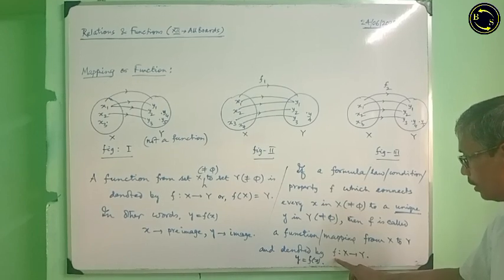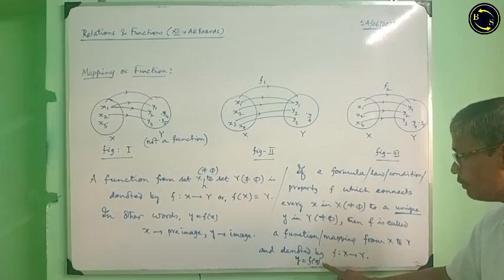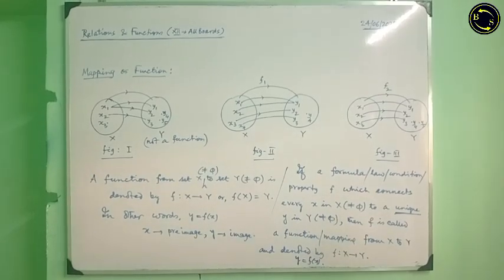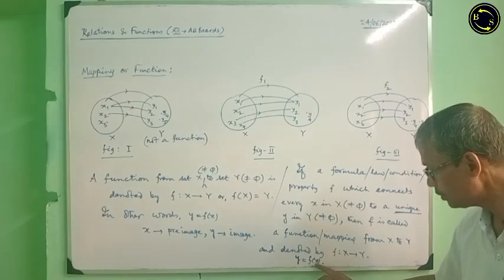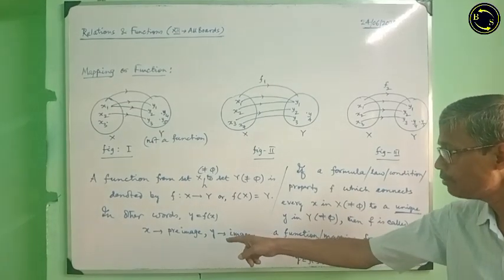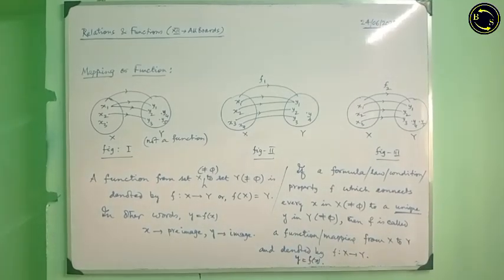When a function from set X to Y is given by this symbol y equal to f(x), that means the image of x is y. x is called the pre-image of y and y is called the image of x.